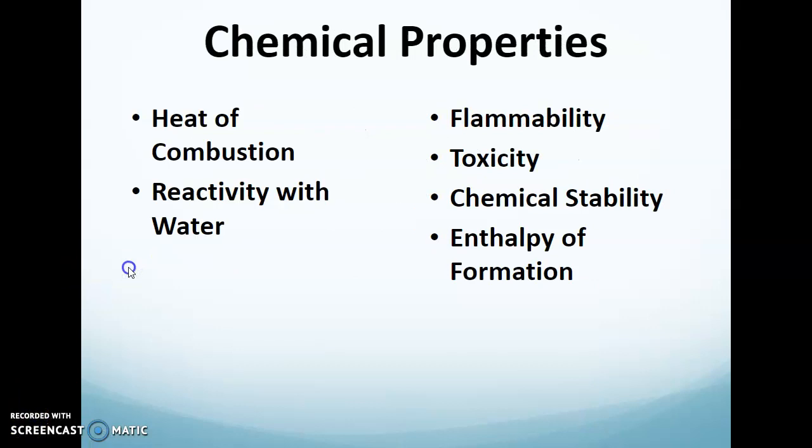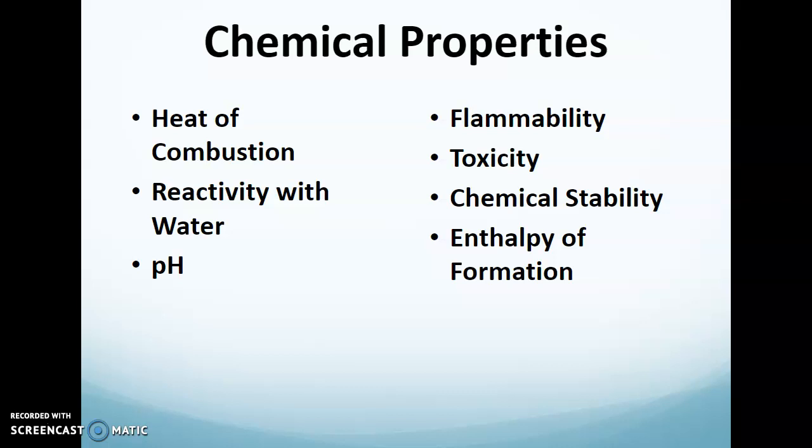Now, other examples of chemical properties that we'll be looking at in lab, the first one is heat of combustion. And that is basically how hot can something get in order to catch on fire. So kind of think of fire for that one. Reactivity with water, whether it reacts with water or not. pH, meaning if something is acidic, so thinking of acids and bases.